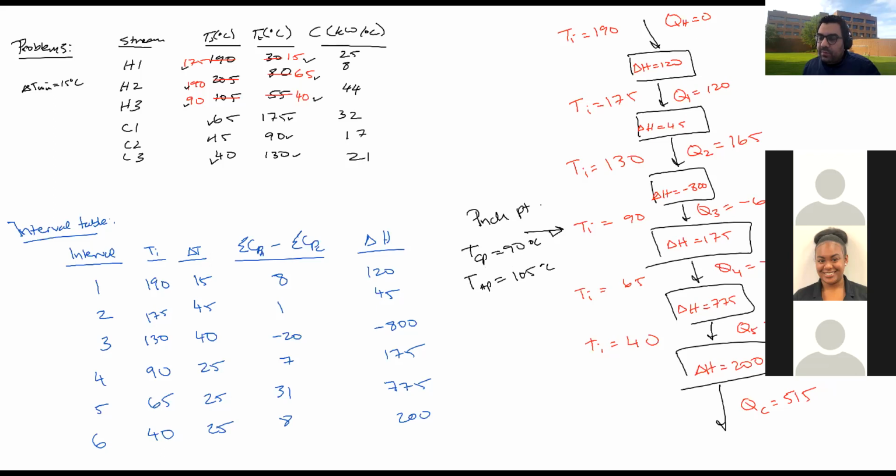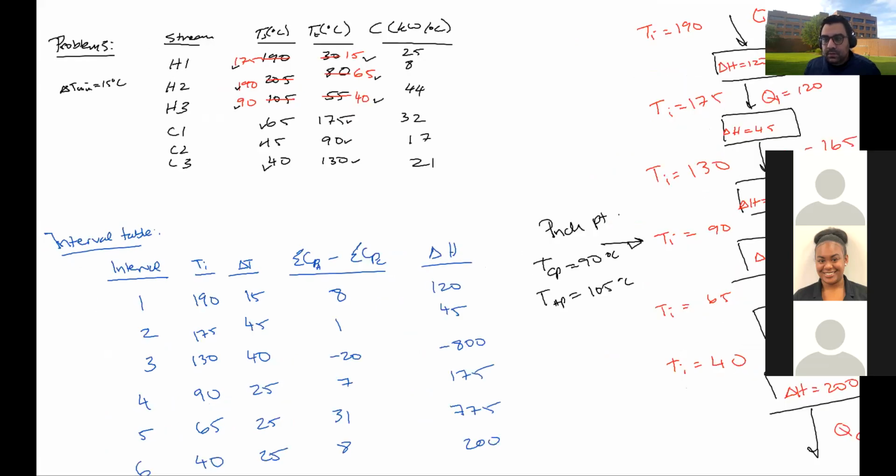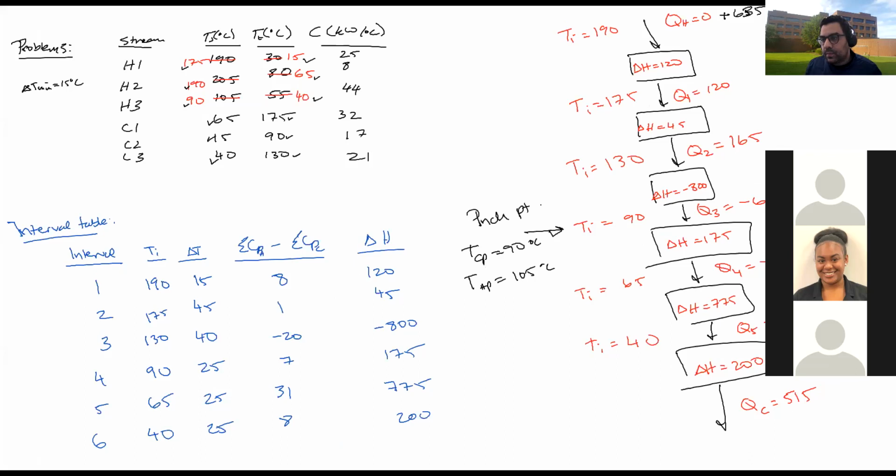To determine my minimum utilities, I need to add enough heat so that this value becomes 0. So I need to add 635 kilowatts.